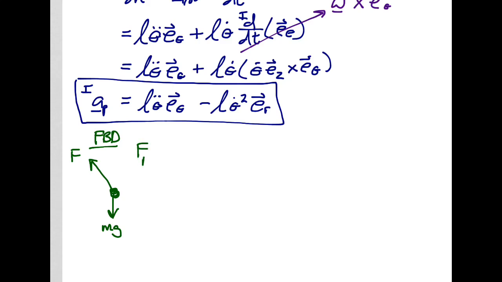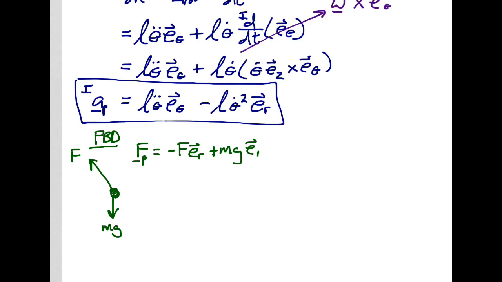So when we add these up, F sub P, saying that these are all the forces on the particle, are equal to negative F in the E sub r direction. So it's the force, but it's in the negative E sub r direction. And then we're going to add to that mg, and mg is always pointed in the positive E sub 1 direction. Okay, so go remind yourself of that.